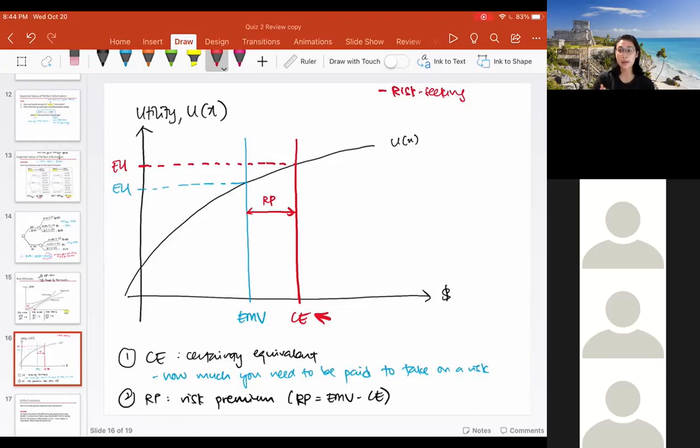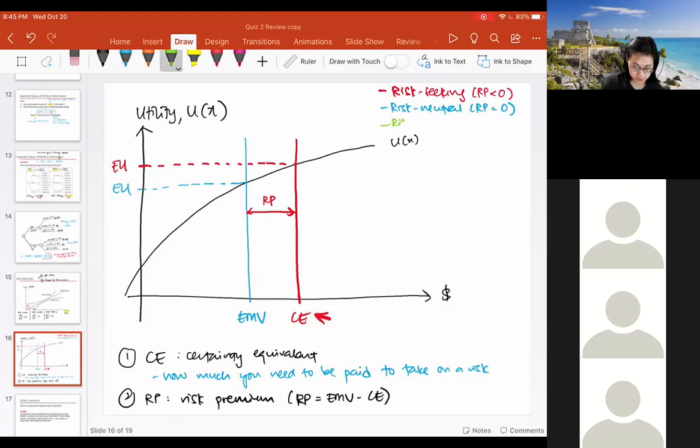You're willing to buy that risk. So it's a cost to you. So RP less than 0. You're buying that risk. If you're risk neutral, basically your EMV equals your CE, so your risk premium is 0.